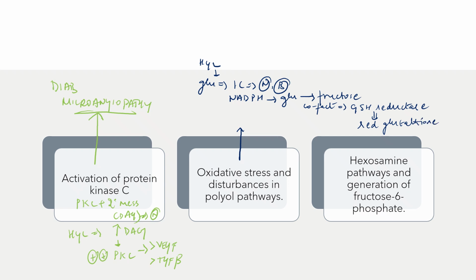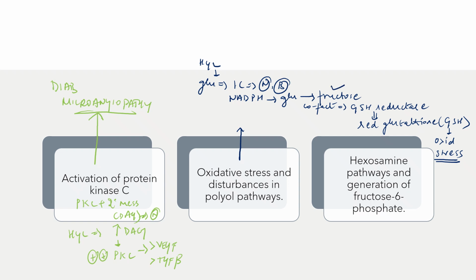Now this reduced glutathione, or GSH, will decrease the oxidative stress and ensures that this intracellular glucose gets converted into fructose.